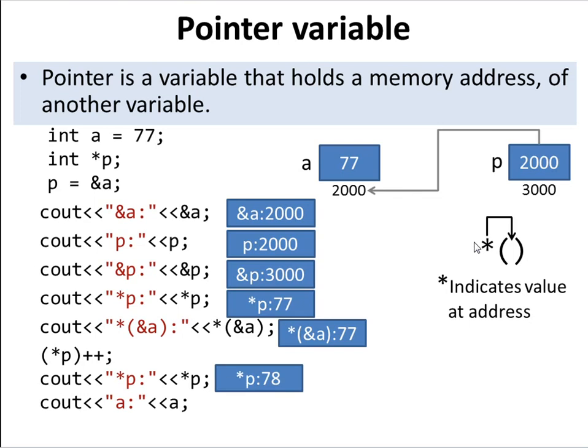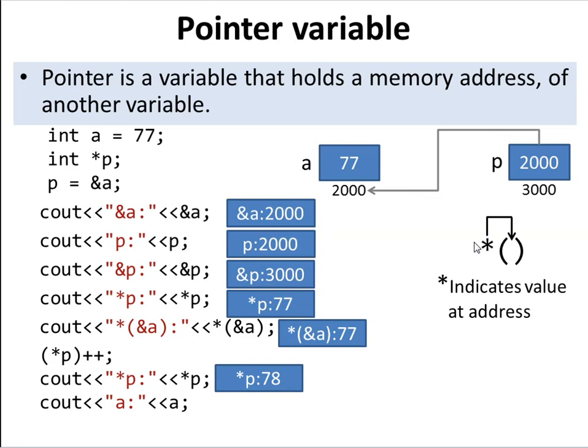In this case, the next line is star p plus plus. If we remove the bracket, it increments the pointer. Here, (*p)++ means we are incrementing the value at star p. Star p means 2000 contains the value 77, and we are incrementing 77 to 78.